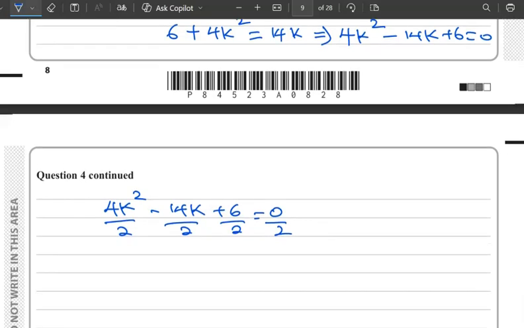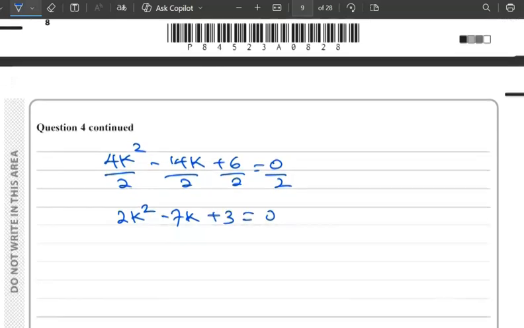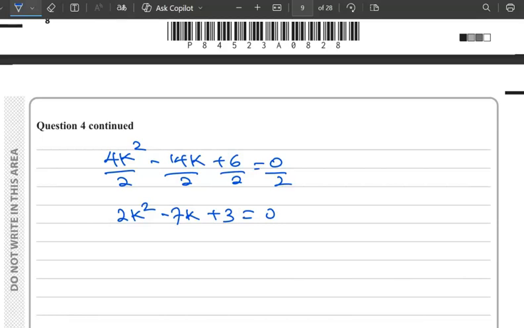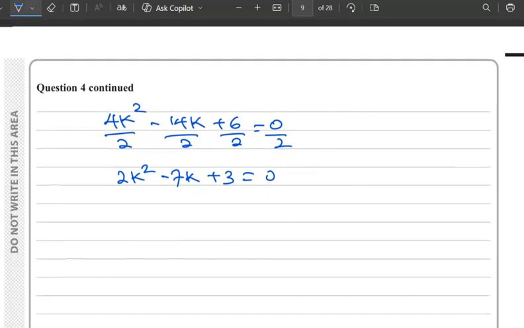This gives you 2k squared minus 7k plus 3 equals 0, which is a simplified quadratic equation. We can use the quadratic formula, the completing the square method, or the product sum rule, and I want us to use the product sum rule.